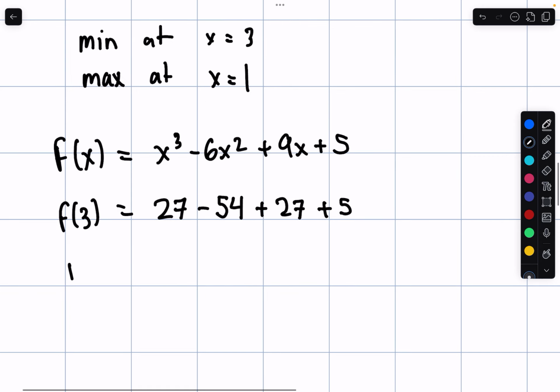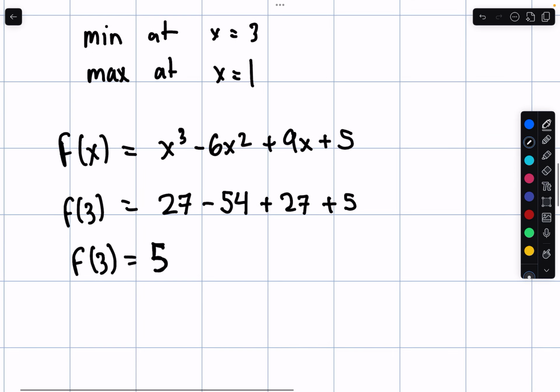Adding these all together, we get that at x equals 3, the function is equal to 5. So we have a minimum at the point 3, 5.